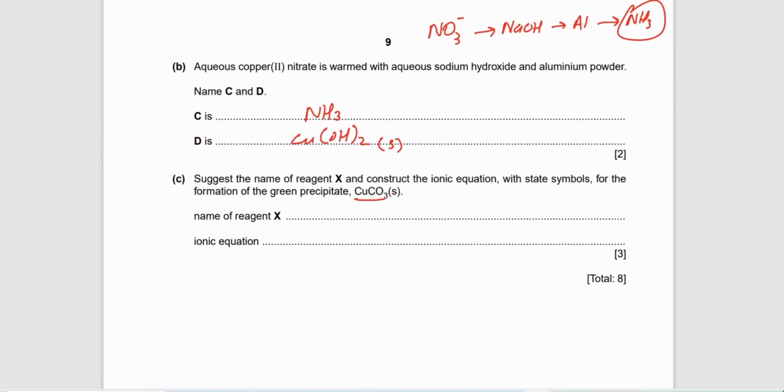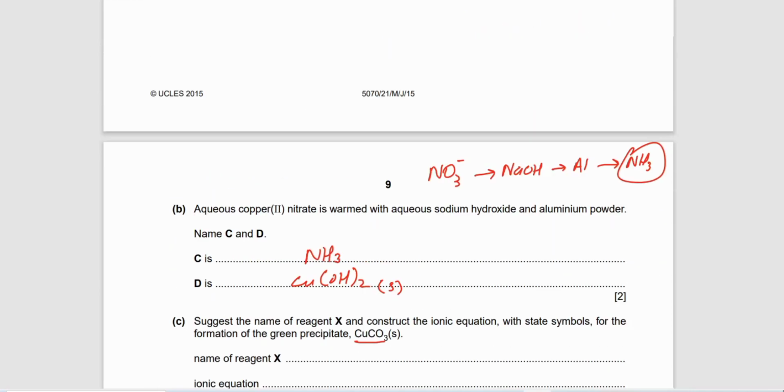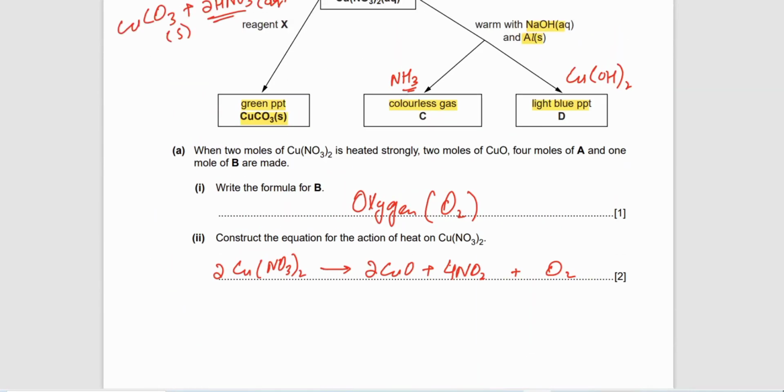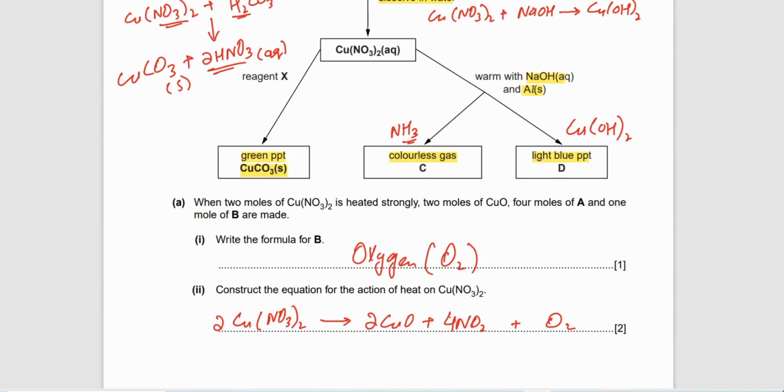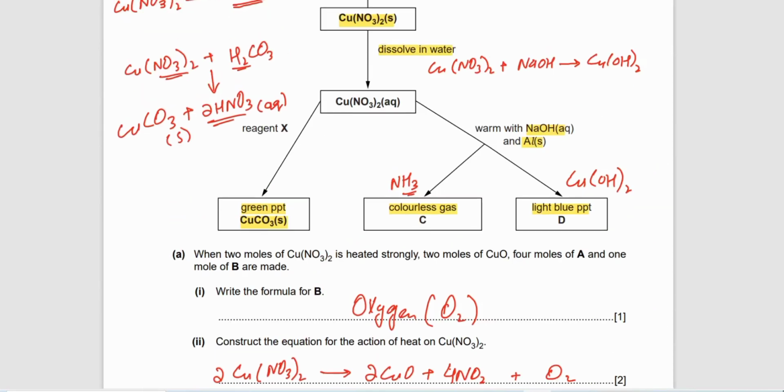So wait, what do I have to write? Anything which is aqueous. This is aqueous. This is also aqueous. But from here, 2H with 2H will be cancelled, and 2 nitrate with the 2 nitrate will be cancelled. Okay, so is it clear? When we write the ionic equation, the aqueous substances will convert into ions.